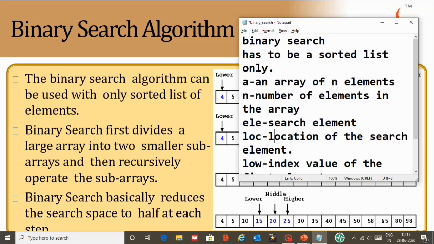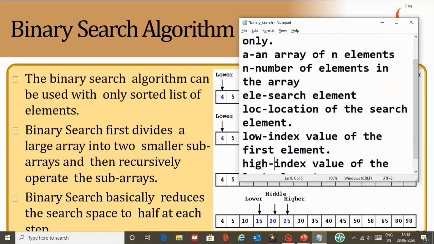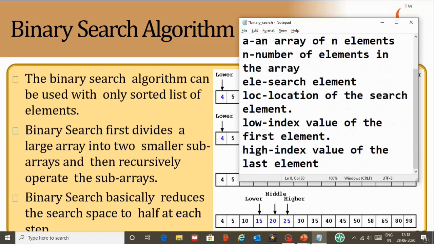If the element is present, what is the index value of it? That is, location is nothing but the index value of that element in the array. Low is a variable which holds the index value of the first element in the list. High is the index value of the last element in the list.